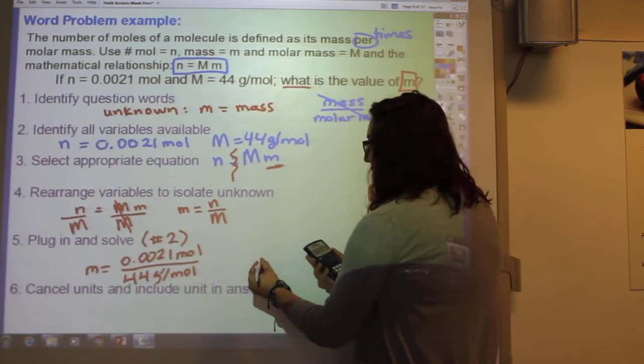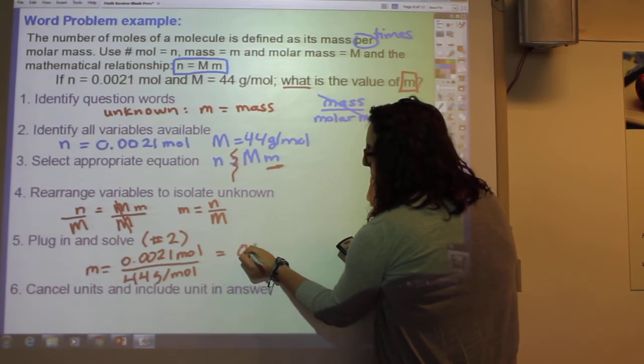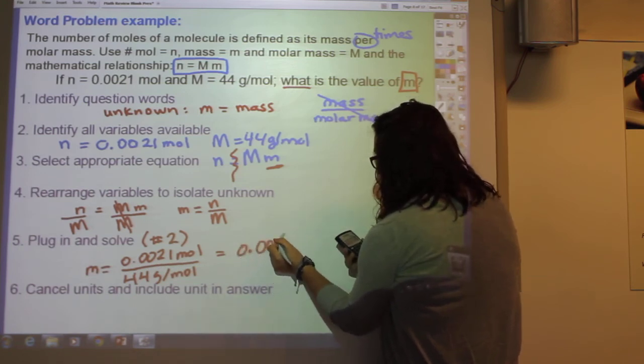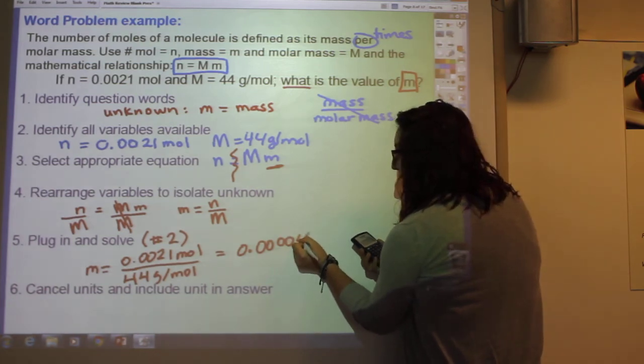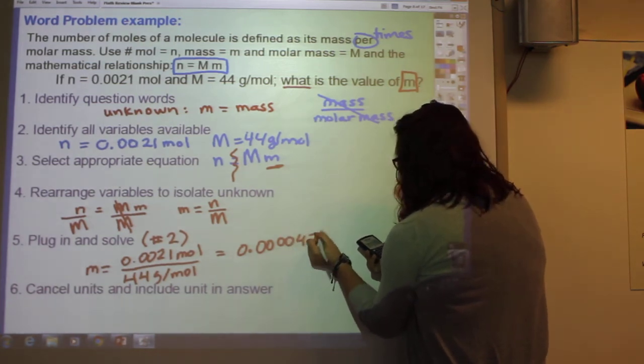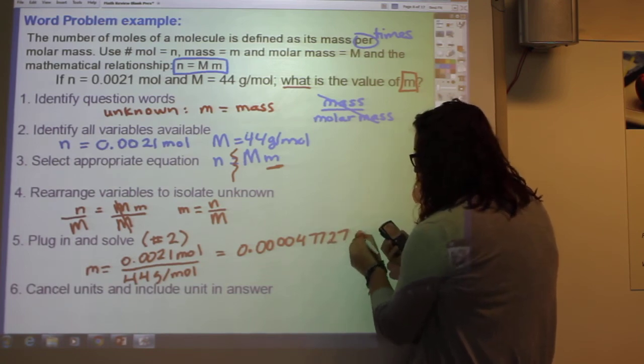And I get a very small number, which eventually we'll learn how to write in scientific notation. But the number my calculator gave me is 0.00477727, and the unit is grams.